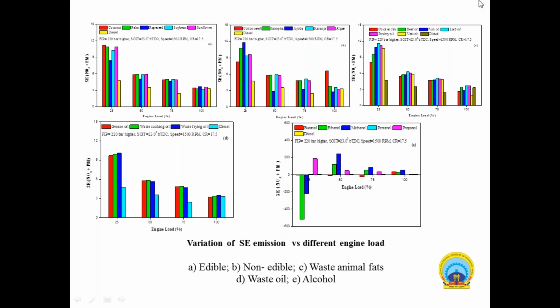So all the tested biofuels in this numerical approach predict lower summary of emission compared to diesel when we are taking this compression ratio 17.5. It can be observed from the graph that the SE decreases with increase in the engine load, but for alcohol it increased, only propanol decreases.